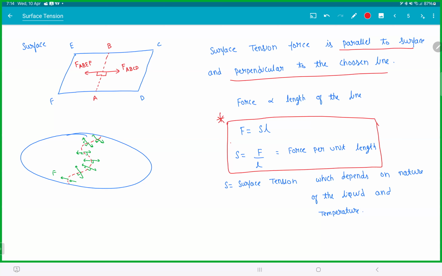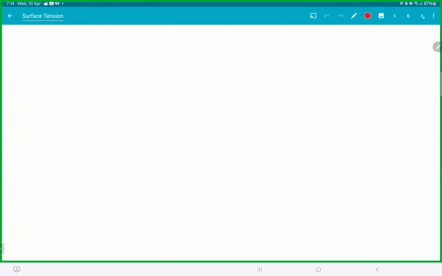Clear? So let me take some examples. So this is more about the surface tension. Before that, let me take some examples.